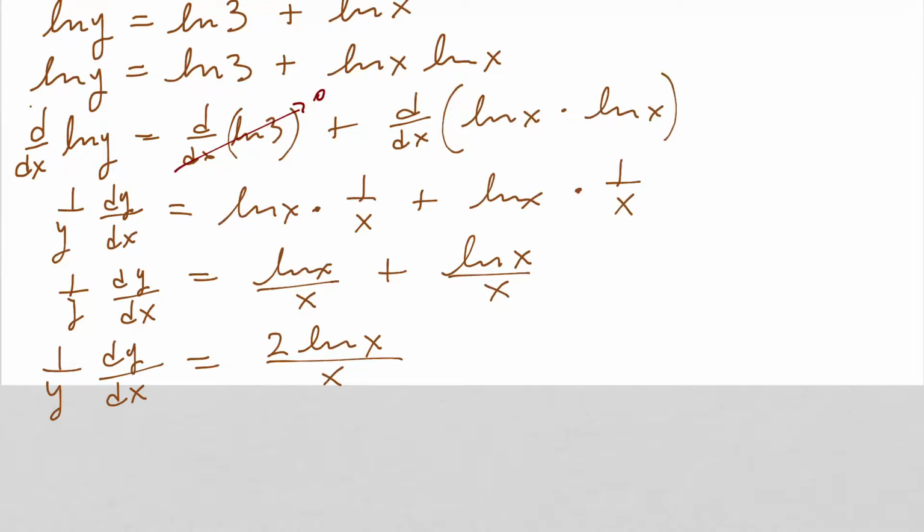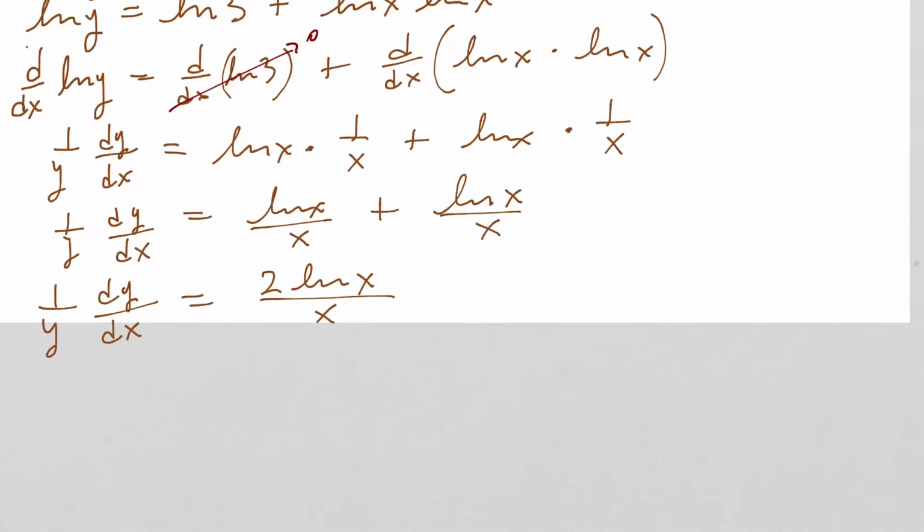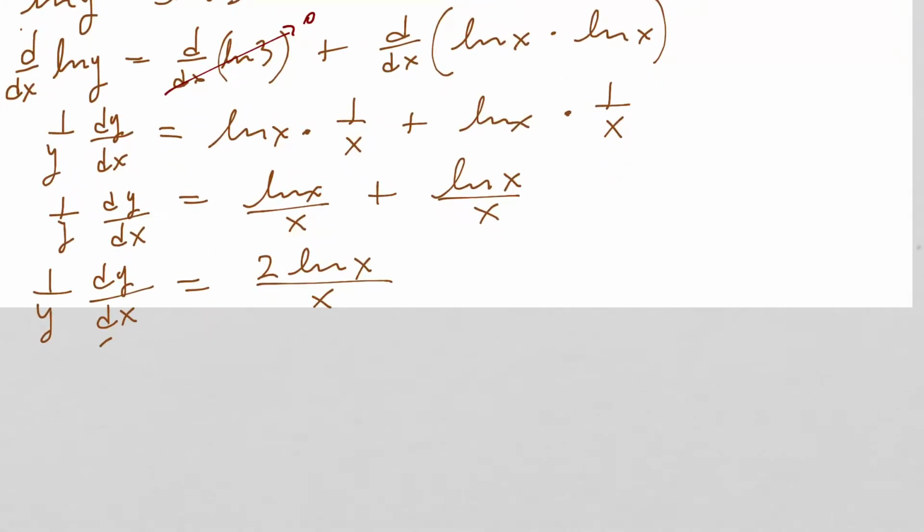All right, so now I put y back in front there, which was 3x to the ln of x, and I'll have my derivative. So I'm multiplying both sides by y. So y was 3x to the ln of x from the original problem times 2 ln of x divided by x.